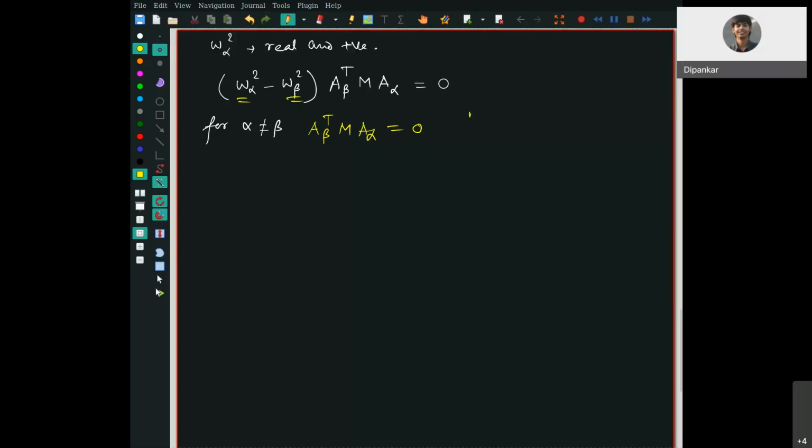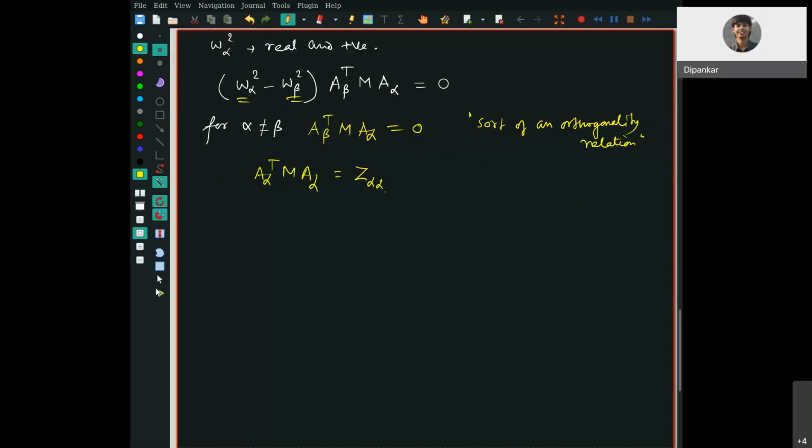So let me write a sort of an orthogonality relation. But that does not uniquely fix my A beta or A alpha, because I still know that the magnitude of A alpha is still a positive quantity.